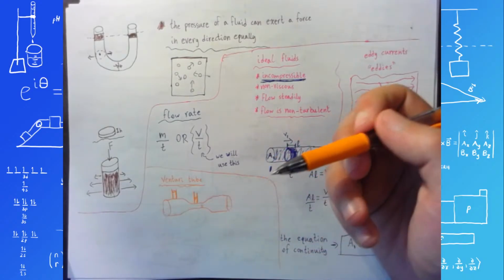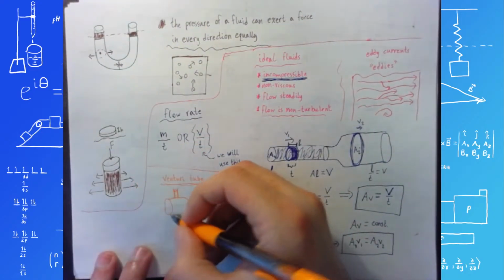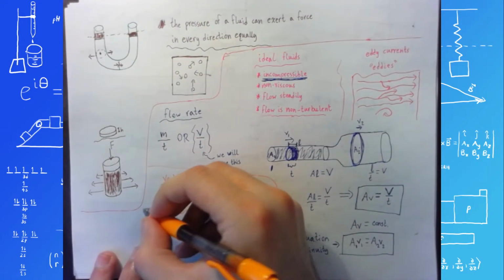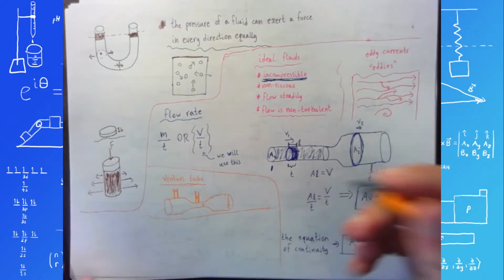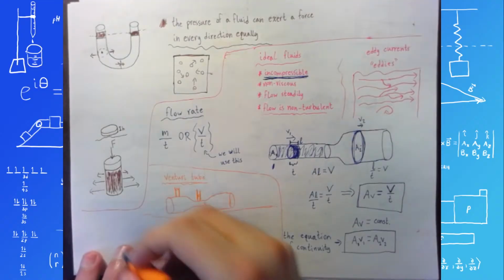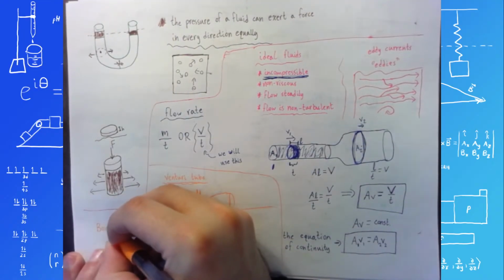You can actually get the exact speed. And the way to do that is to use Bernoulli's equation. So before deriving Bernoulli's equation, let's talk about Bernoulli's principle.